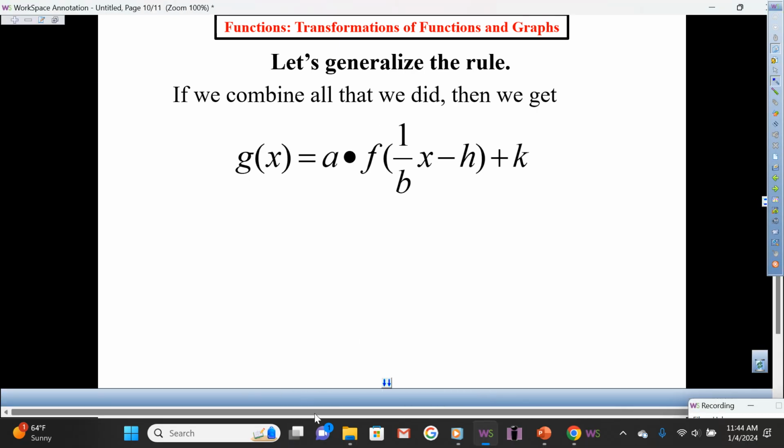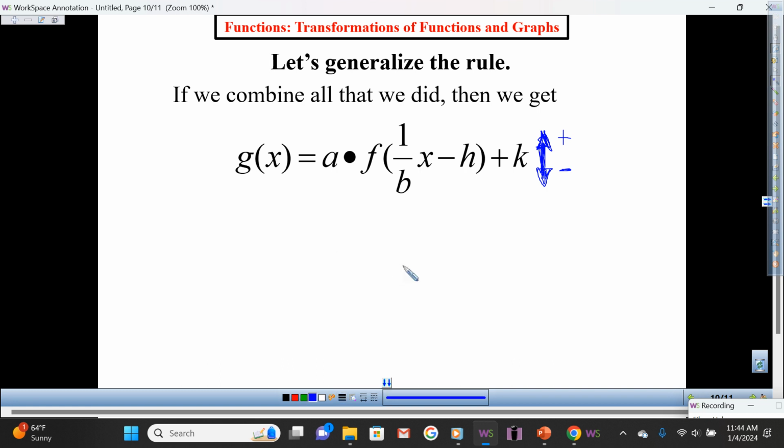So, get us started, please. What does k do? K for Kimberly. Up and down, that is correct. Put an arrow here. Up if it's a positive. Down if it's a negative. That is correct.